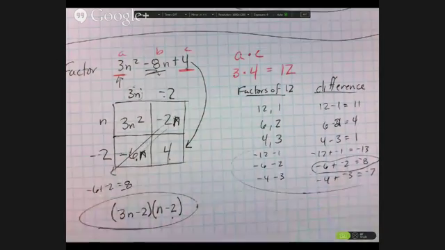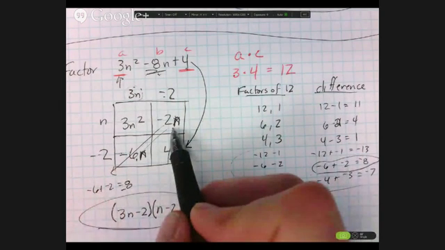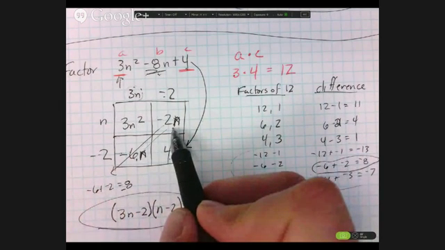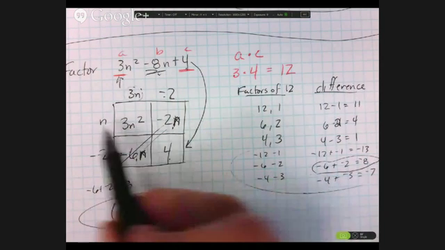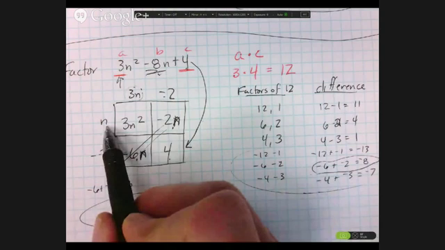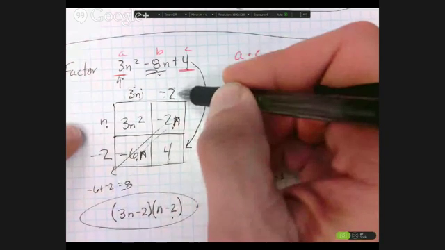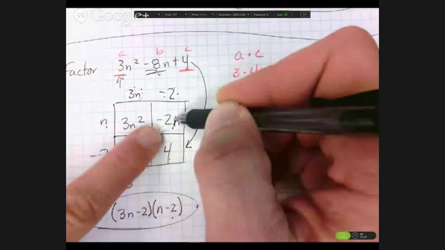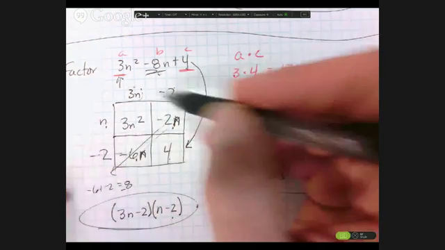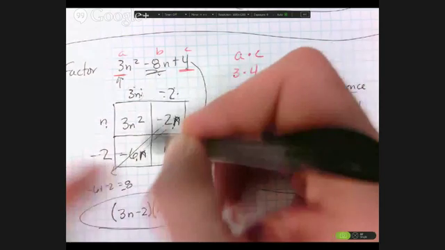Okay, so we know that we have negative 6n and negative 2n, right? You with me there? What is negative 2n divided by n? These two, that and that have to multiply to get negative 2n. That and that have to multiply to get negative 6.